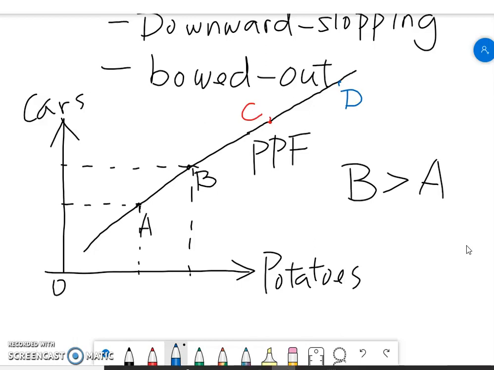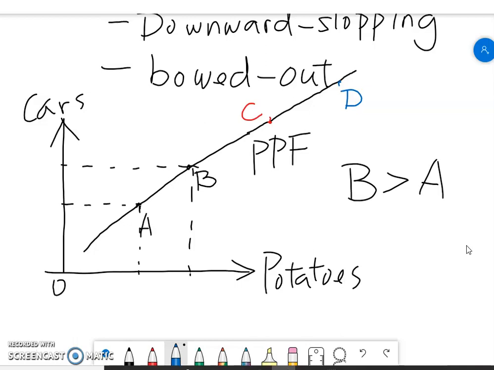So what do we find? For a given amount of factors of production or productive resources, we can actually produce an infinite number of cars and potatoes, correct?